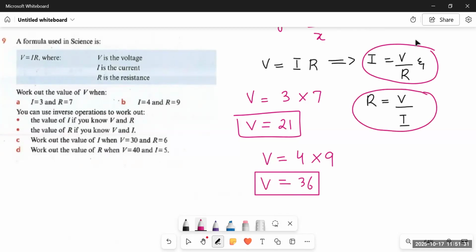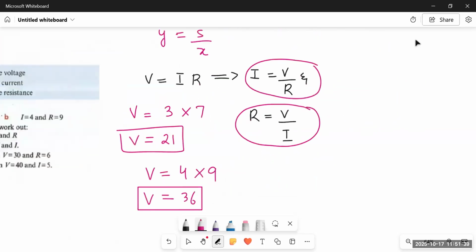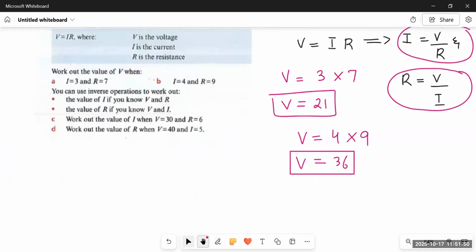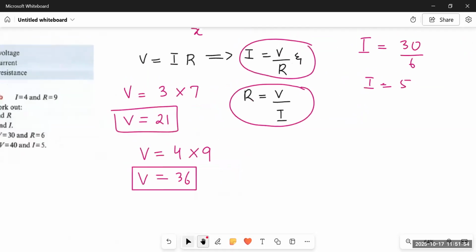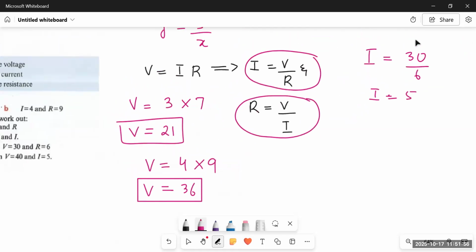Okay? Now they are saying in part C, work out the value of I when V is equal to 30 and R is equal to 6. So we will use this formula. I is equal to 30 upon 6 and so I is equal to 5. And when the resistance has to be found given that voltage and I are given as 40 and 5, we will use this formula.